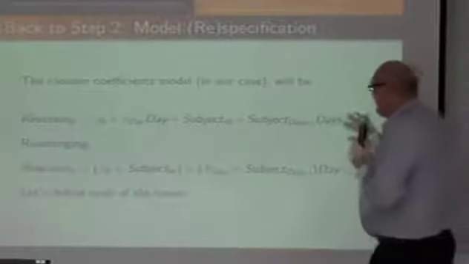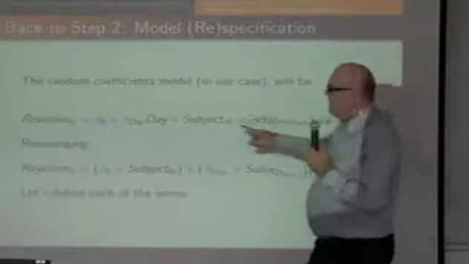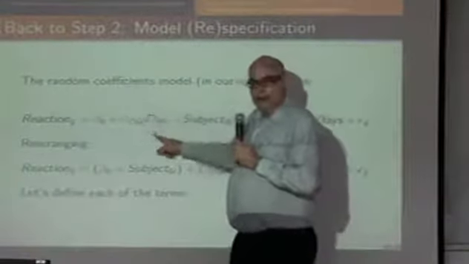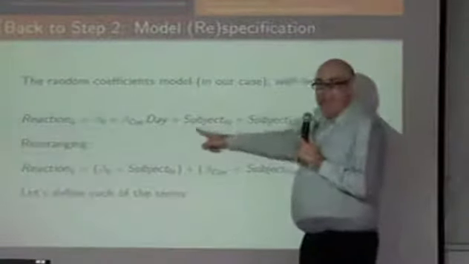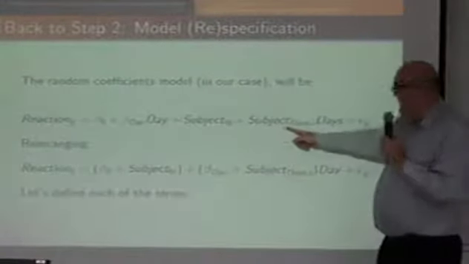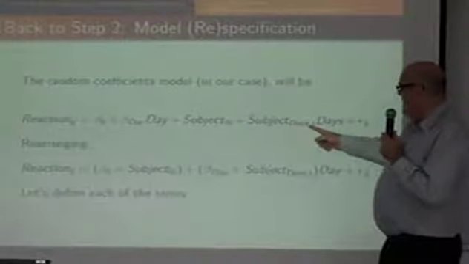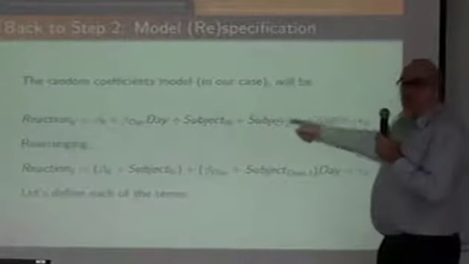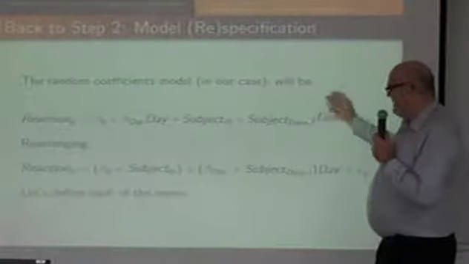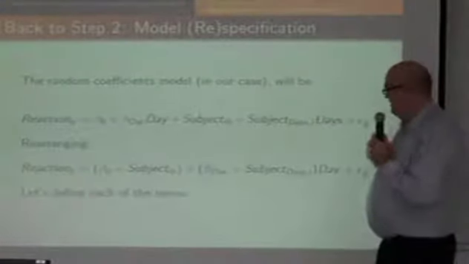So, representing our same model, we have reaction equals beta 0, beta day, that's our normal fixed effect. There's our random subject intercept. Here's our random subject effect due to day. In other words, we have a slope that is subject specific.